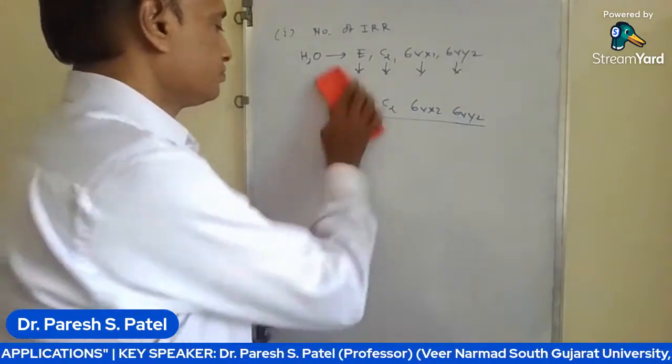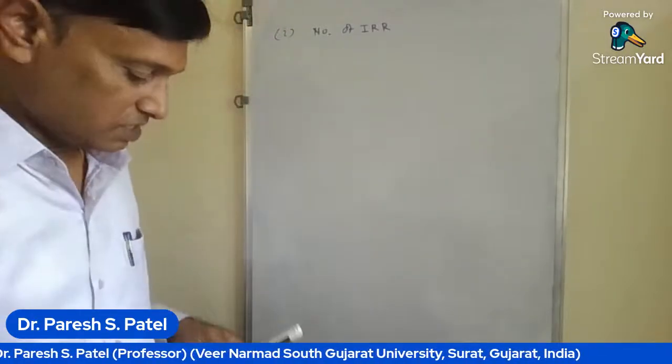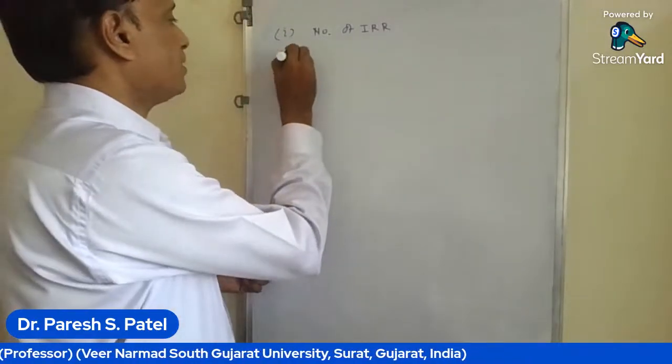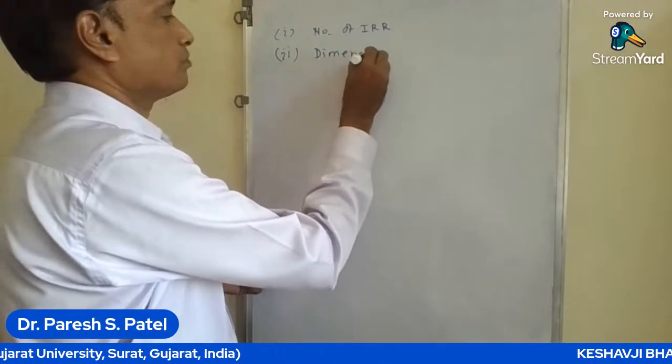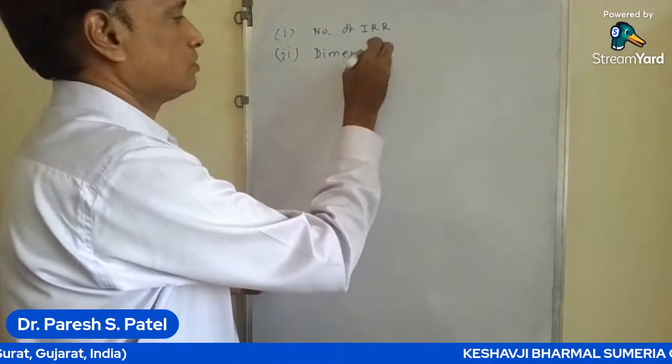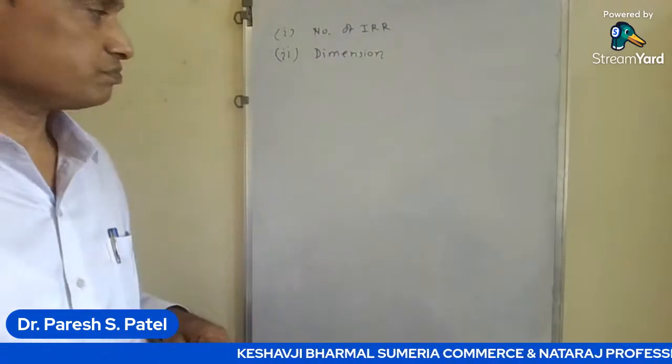Second rule, the sum of the squares of the dimensions is equal to the order of a group.